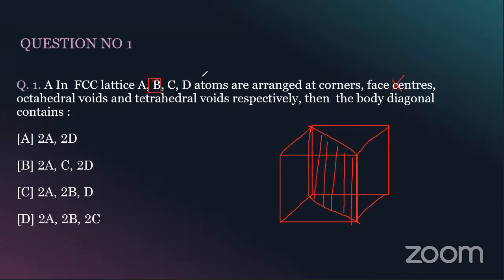That means the B atom, which is the atom present at face centers, will not be there. So here you have eased your method and your answer will be somewhere between A and B. Okay, now you tell me, will it be A or will it be B?